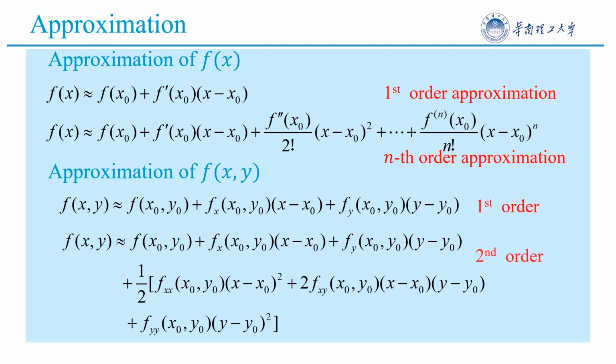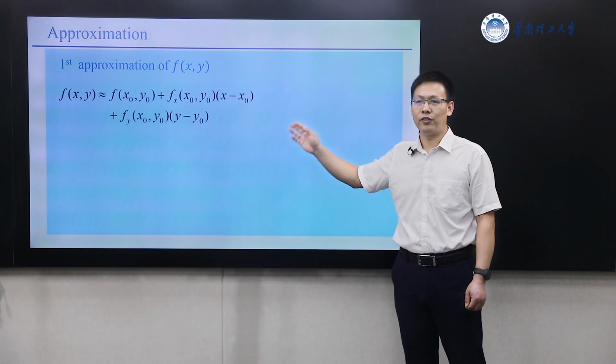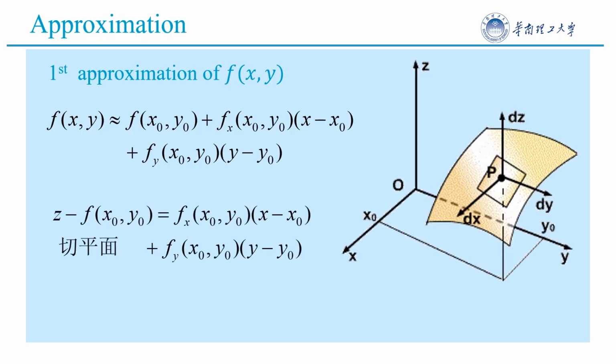The details are best left to higher level books. For the first order approximation of f(x, y), from the view of geometry, we can use the tangent plane to approximately represent the surface near the point (x0, y0, f(x0, y0)).